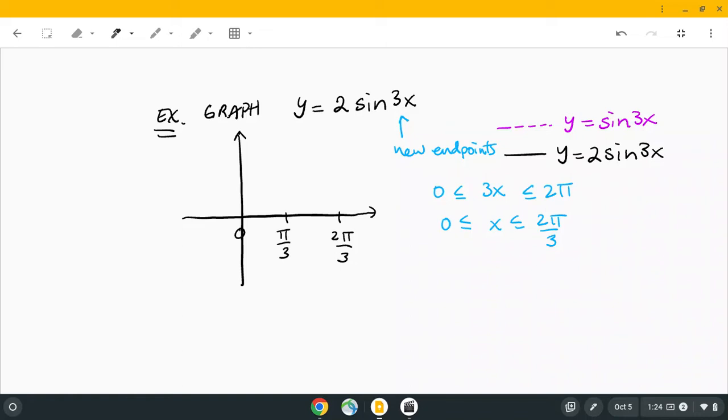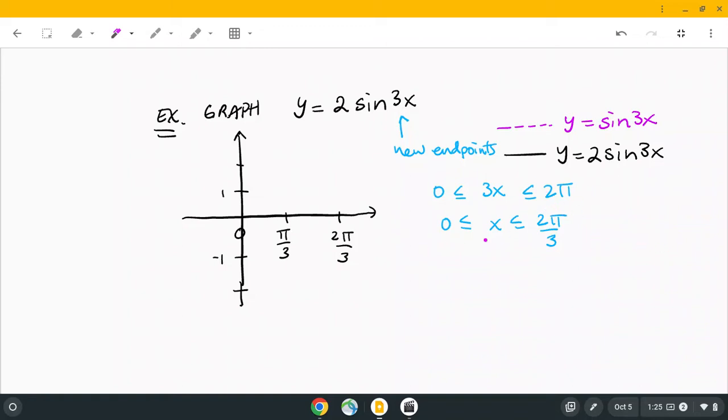I'll do the purple graph first. Let me put my 1 and -1 on the graph. It looks like I'm going to have to stretch this by 2, but we'll worry about that when we get there. So these are my new endpoints.